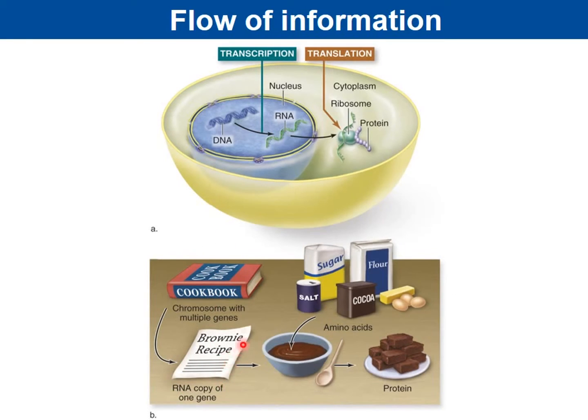I give that recipe to my friend, and it has information which tells my friend what ingredients to add and in what amounts. The ingredients in this analogy are our amino acids. We read the mRNA, and the mRNA tells us what amino acids to put in. We put in the amino acids by looking at the recipe, and what we get is our final product, which is our proteins.